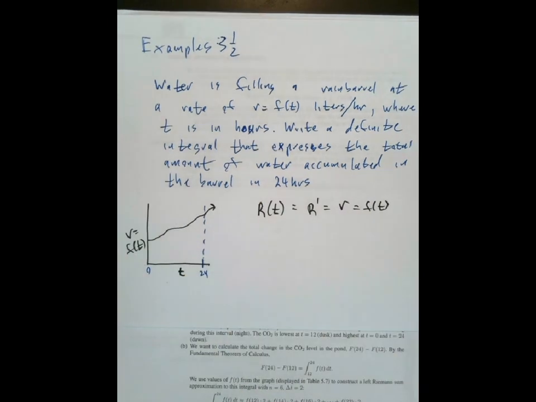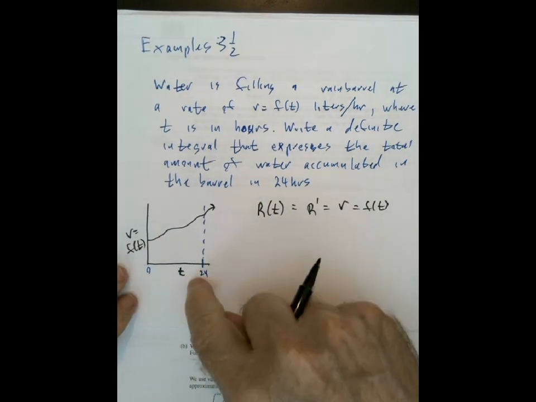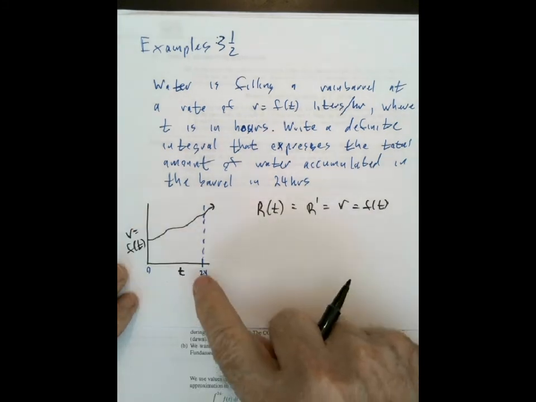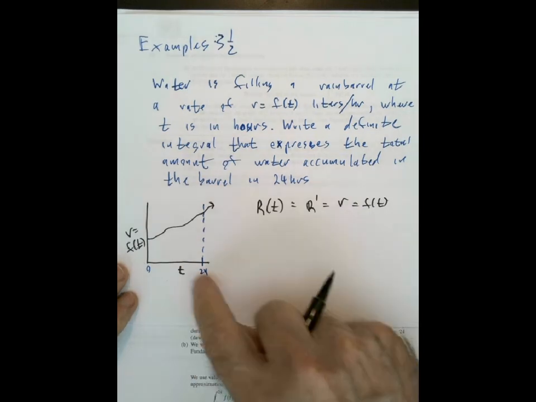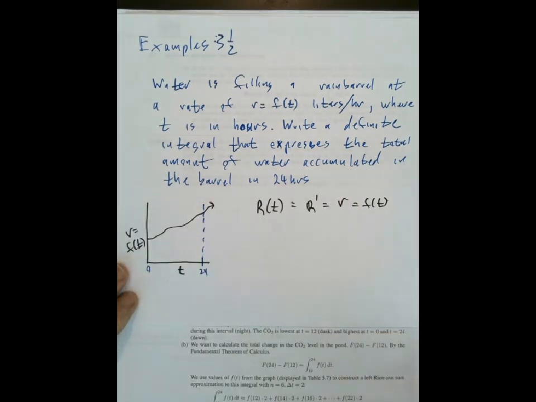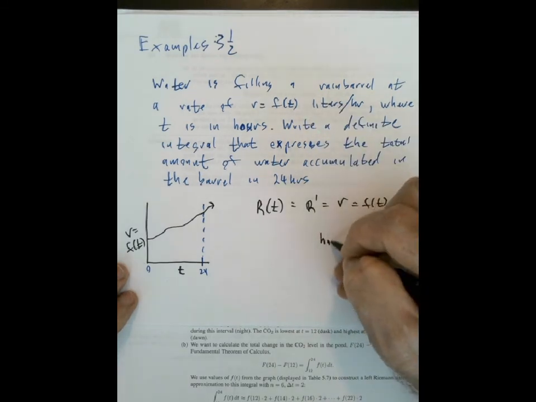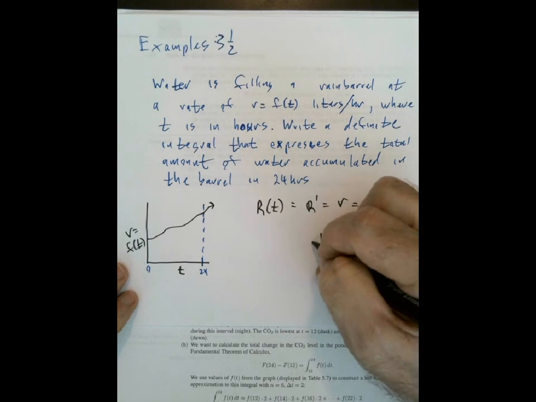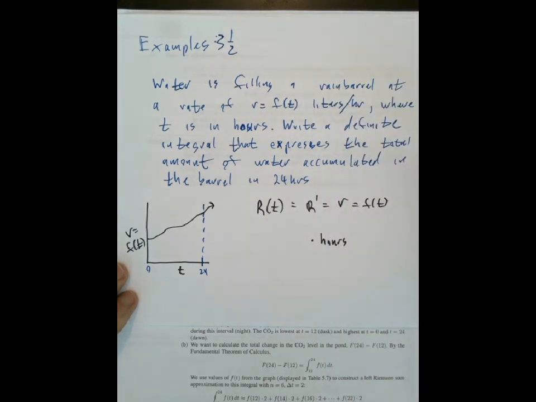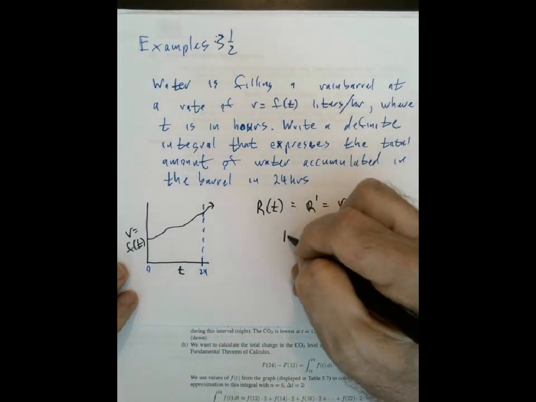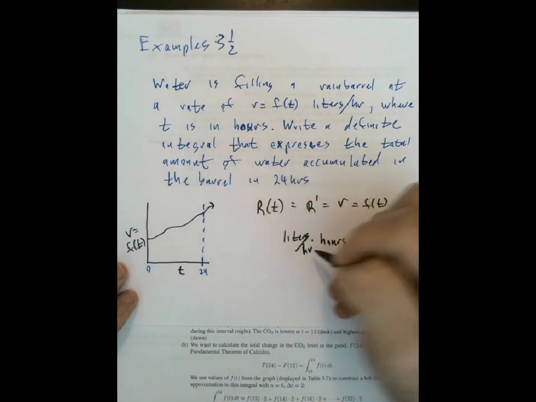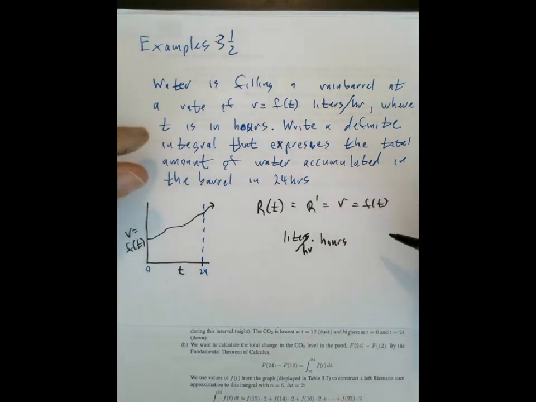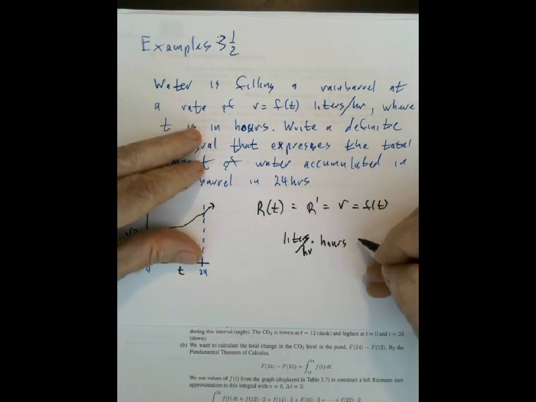Remember that the amount of water in the barrel, very roughly, is going to be the length times the width. It's the x units times the y units. The x units are hours, and the y units are, as it said, liters per hour, so that when you multiply, that's going to be liters.